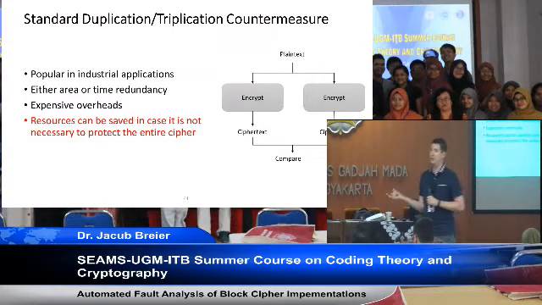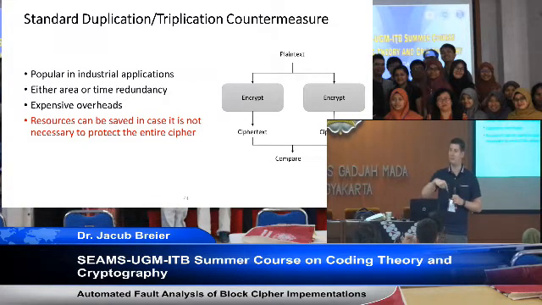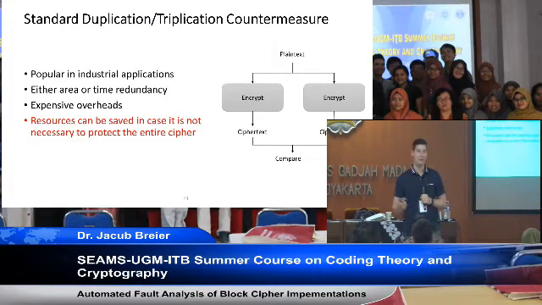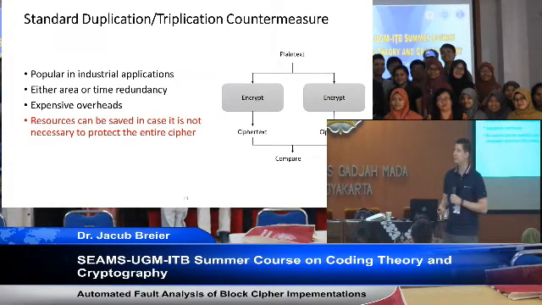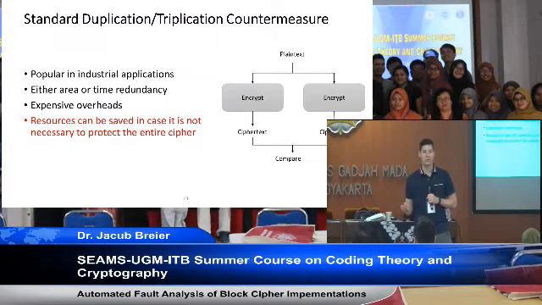By area, we mean we take the chip and we implement several circuits on the chip, and then we have some majority voting to decide on the outcome. If we have time redundancy, we basically do the encryption several times in a row. And again, we store the result from each encryption, and then we can do some majority voting.